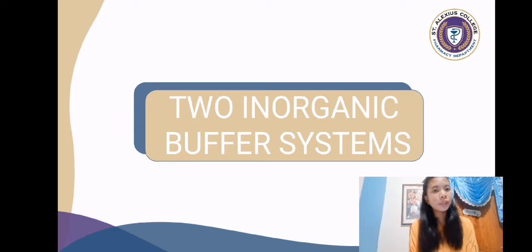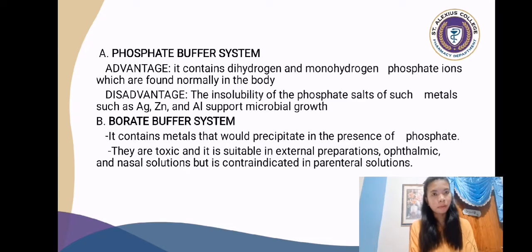We have two inorganic buffer systems. So, the first is the phosphate buffer system. When we use phosphate buffer system, it has its advantage where it contains dihydrogen and monohydrogen phosphate ions which are found normally in the body.